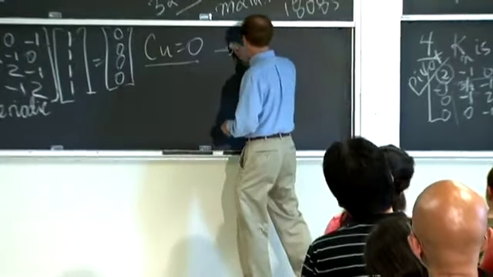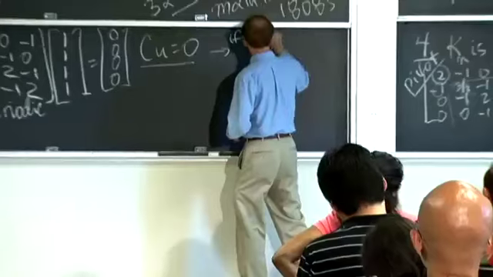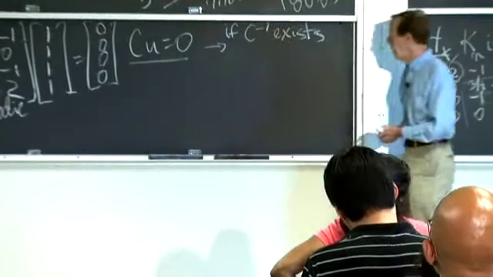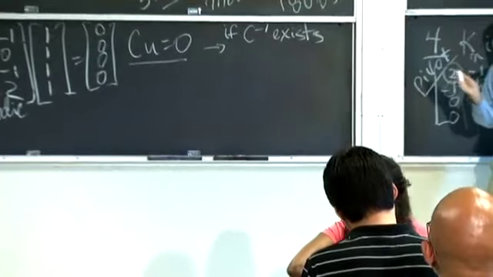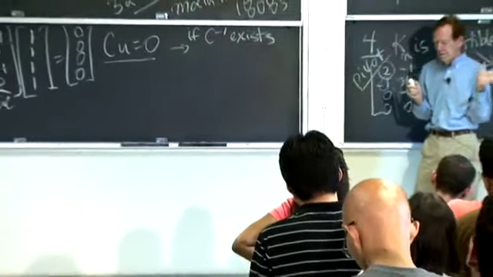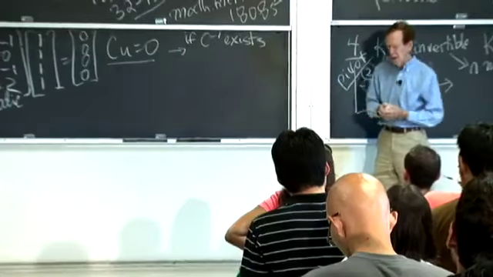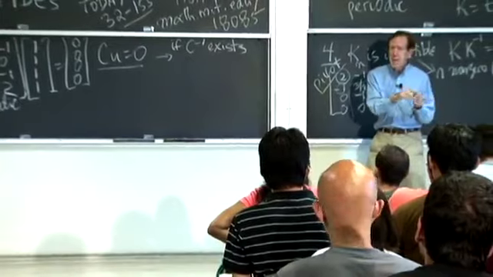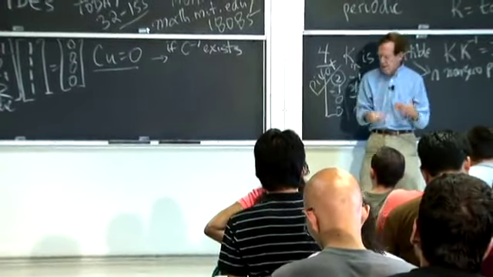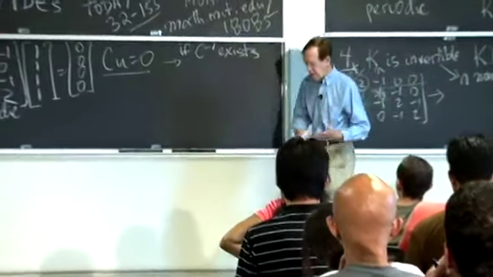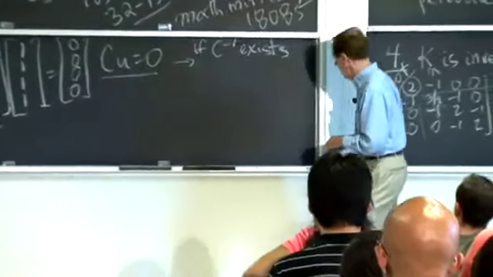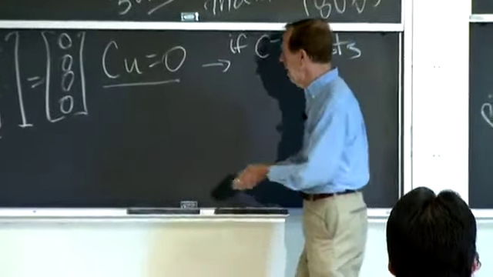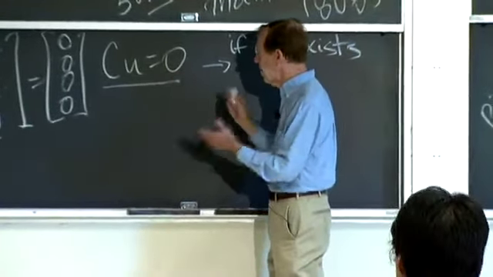If C inverse exists, what would I do to that equation that would show me C inverse can't exist? Multiply both sides by C inverse. So you're seeing, just as first day, some of the natural steps of linear algebra. Row reduction. When you want to see what's happening, multiply both sides by C inverse.